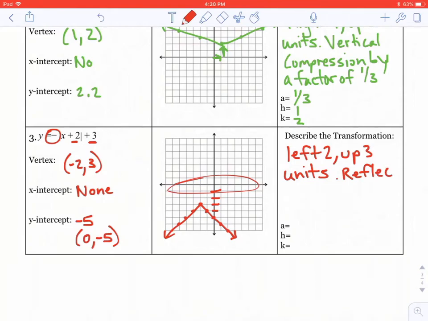So it reflects over the x-axis. And then let's just pick out A is negative 1. Let's say H is, where'd it go? H is negative 2 and K is 3.